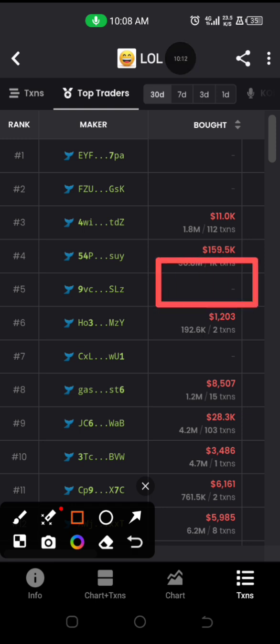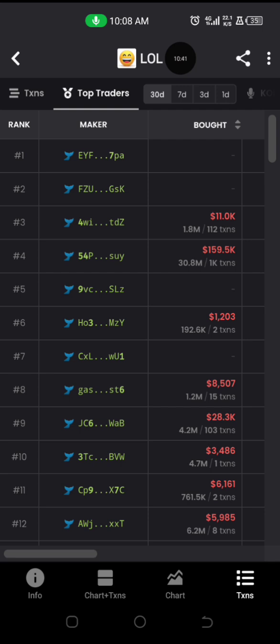You cannot find how much this person actually paid to buy the pieces of the token and the rest. Now there are different reasons why you can find this area blank. You see the blank column there. First of all, it could be the time frame you selected.